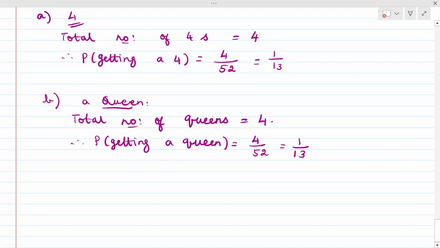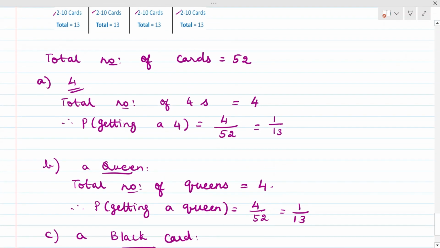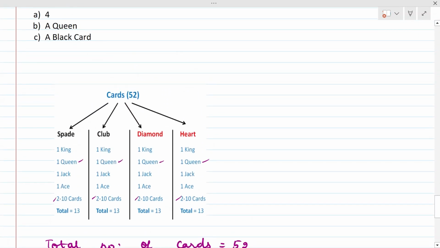Now third subdivision. A black card. How many black cards are there? So we have spade and club. Totally 2 suits of black cards. Here 13 and here 13. That means totally we have 26 black cards. Spade and club are the black cards and we have 26 black cards. Spade 13 and club 13.